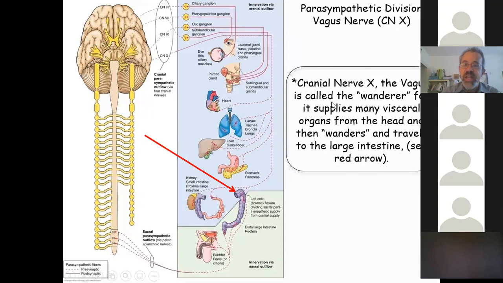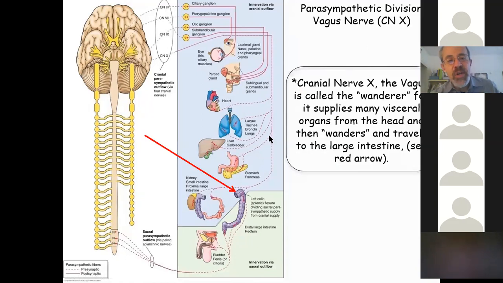That's just a nickname for it, because if you follow where cranial nerve 10 goes, it's involved in controlling the heart, the lungs, the digestive system, as well as the bladder and the reproductive system. So just know that cranial nerve 10 is the wanderer, and it has a lot of different effects.